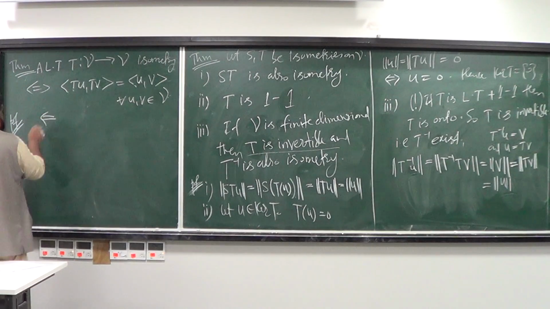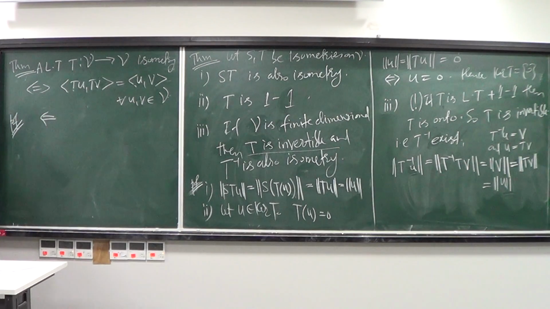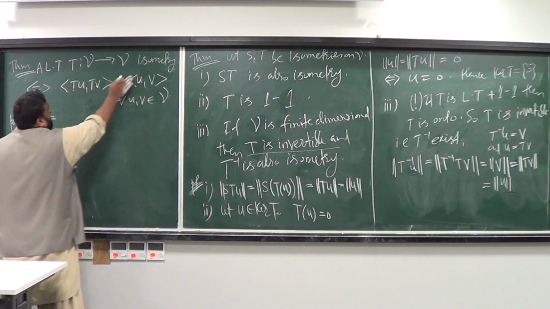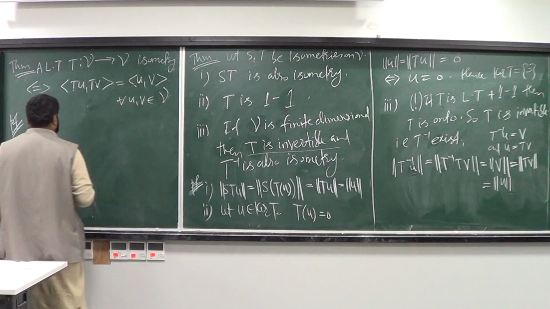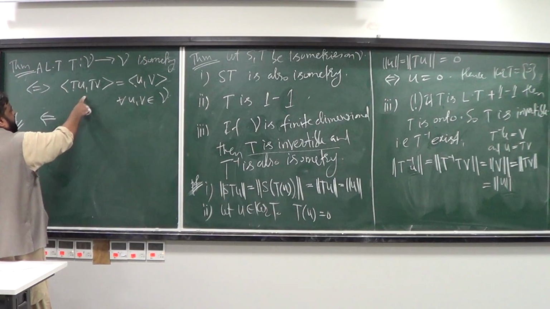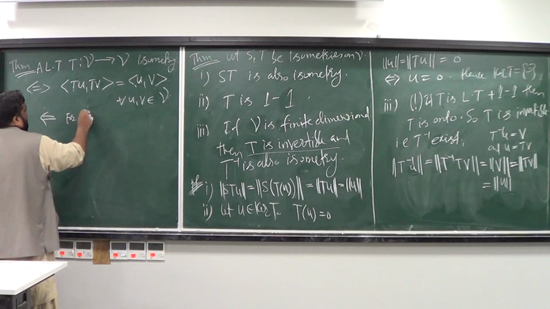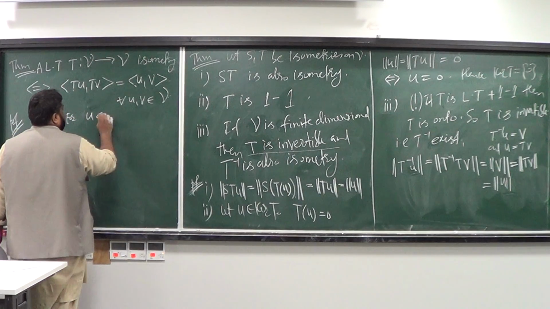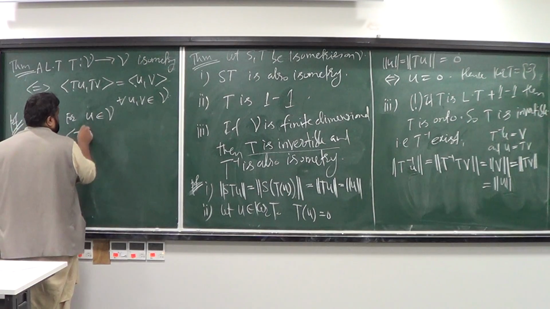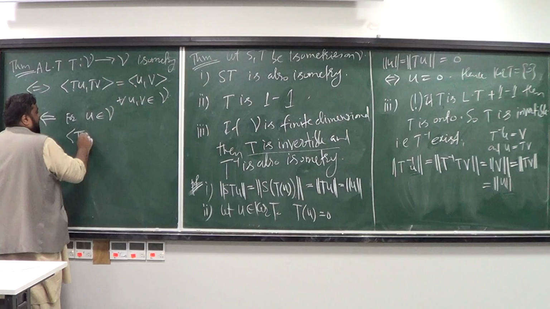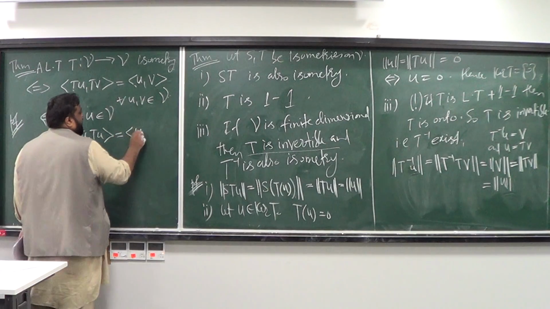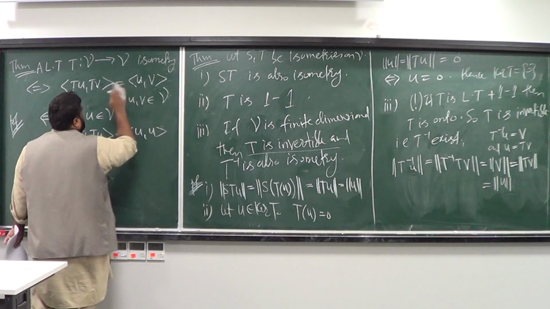So here's a proof of it. Let's first think about the converse, that if this is true, T should be an isometry. If I use this identity for u from calligraphic V, this is true for all u and v.